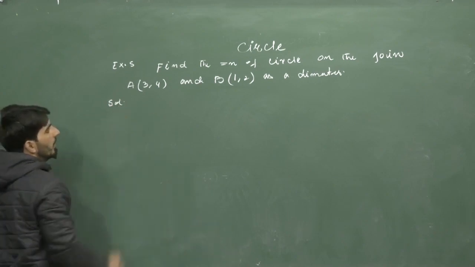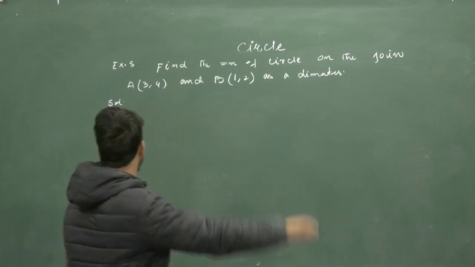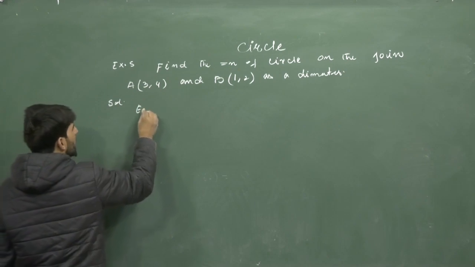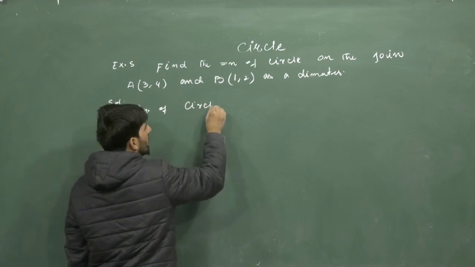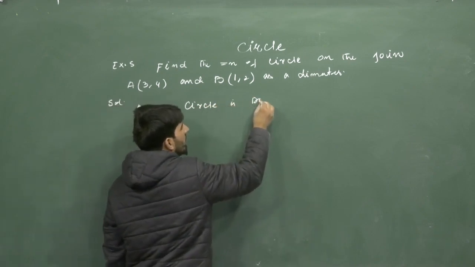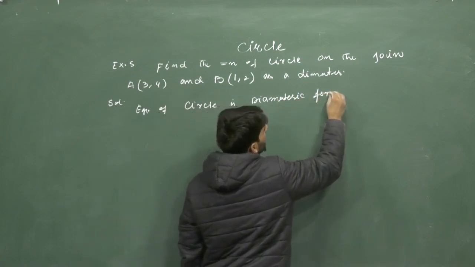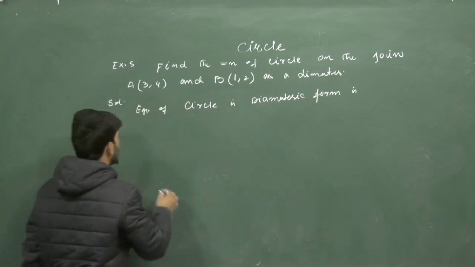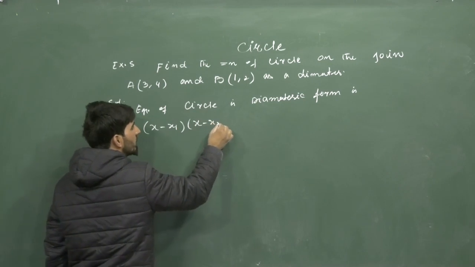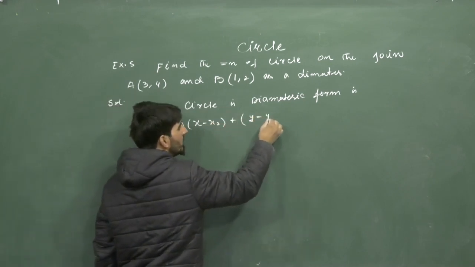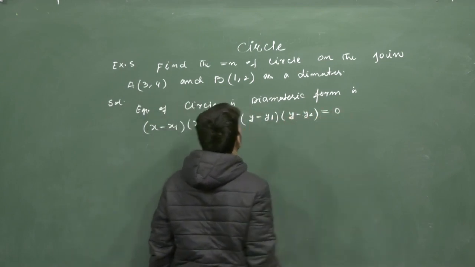As we have already proved the diametric form of a circle, the equation of the circle in diametric form is (x - x1)(x - x2) + (y - y1)(y - y2) = 0.